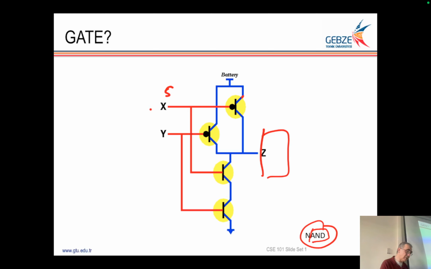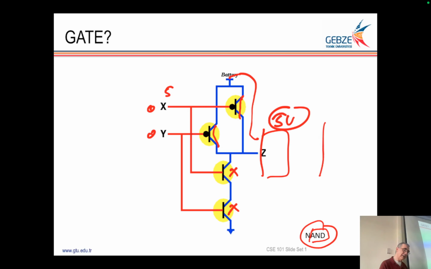So if this is 0 and this is 0, if this is 0, this conducts. If this is 0, this also conducts. If this is 0, this doesn't conduct. This doesn't conduct. So output will be the battery voltage. Output will be 5 volt. Otherwise, it is 0.